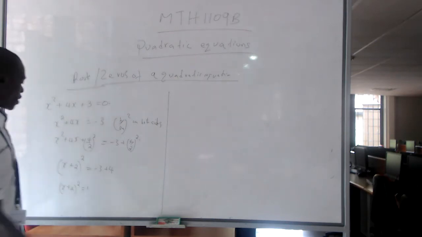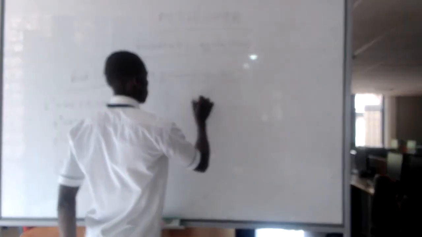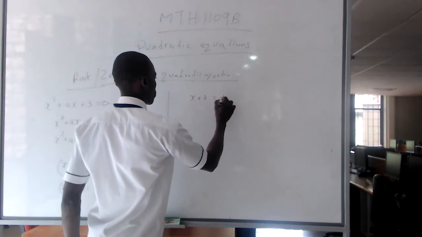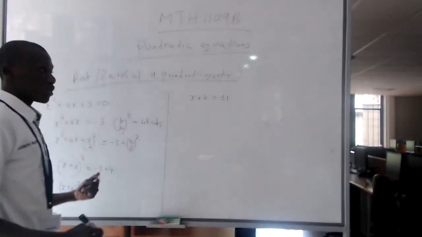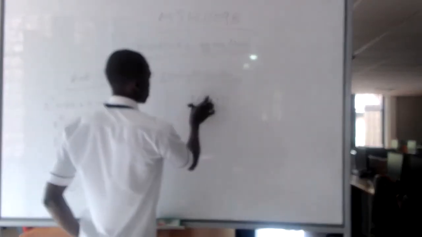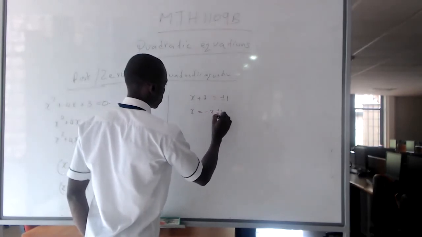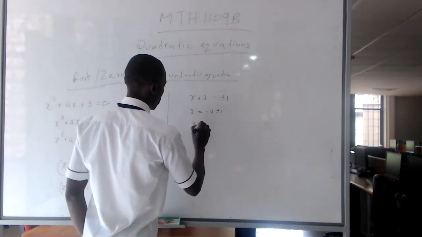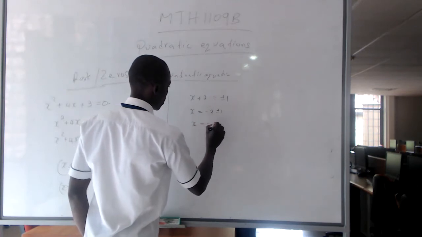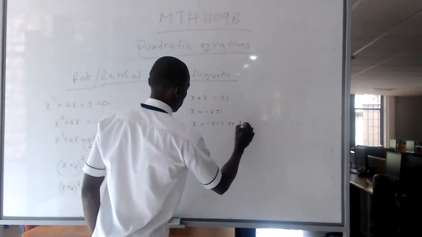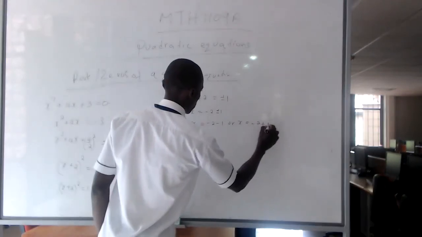Take the square root on both sides. So x plus 2 is plus or minus 1. The square root of 1 is plus or minus 1. Therefore, subtract 2 on both sides. So x should be minus 2 plus or minus 1, so x is either minus 2 minus 1 or x is minus 2 plus 1.